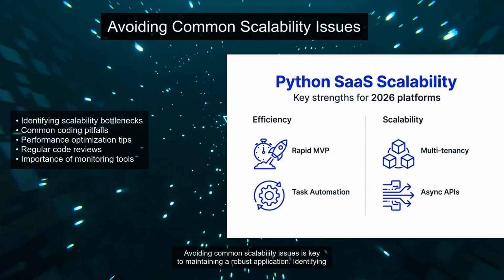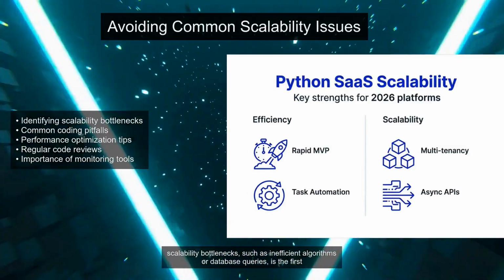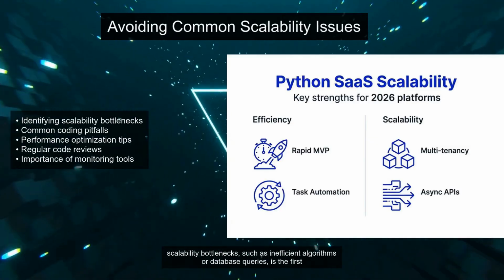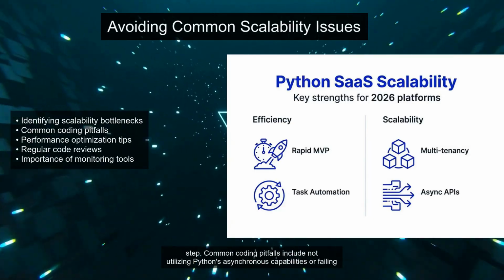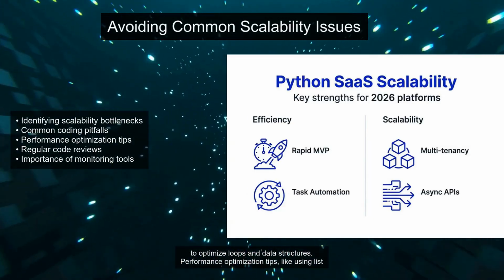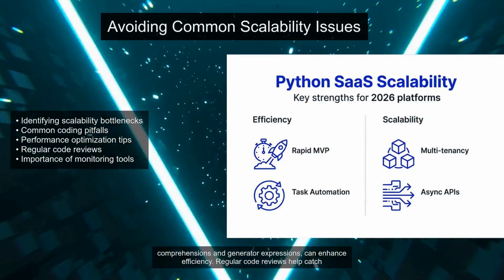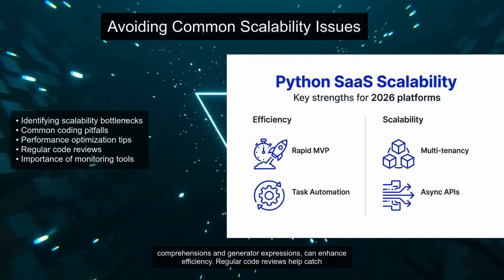Avoiding common scalability issues is key to maintaining a robust application. Identifying scalability bottlenecks, such as inefficient algorithms or database queries, is the first step. Common coding pitfalls include not utilizing Python's asynchronous capabilities or failing to optimize loops and data structures. Performance optimization tips, like using list comprehensions and generator expressions, can enhance efficiency.